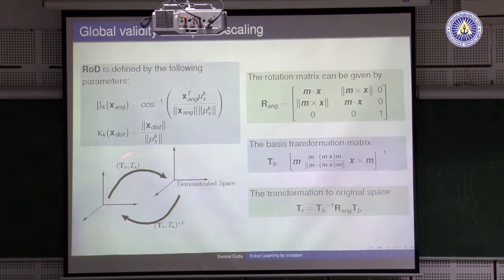So, we transfer this space to the demonstrated space, and we unfold the motion model, and then we transfer it back to the original space and feed it to the robot. So, in this way the region of operation always remains inside the region of demonstration.